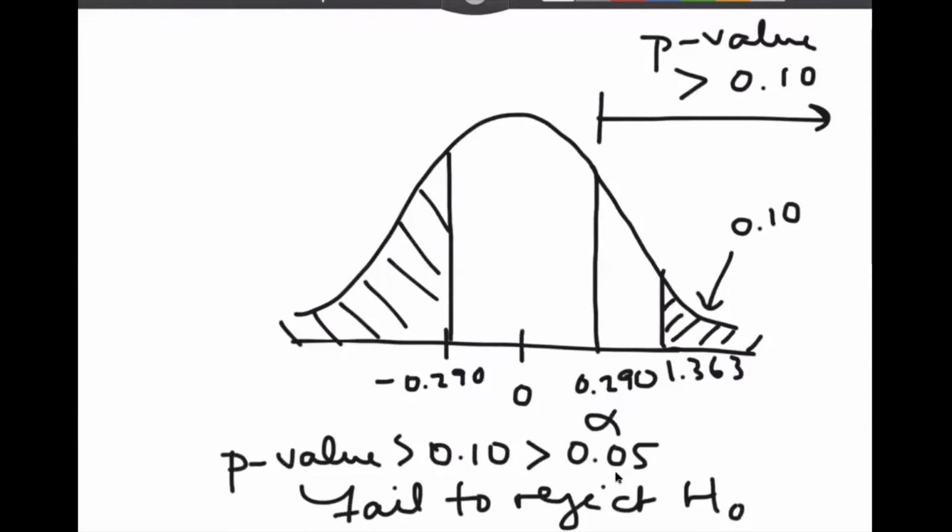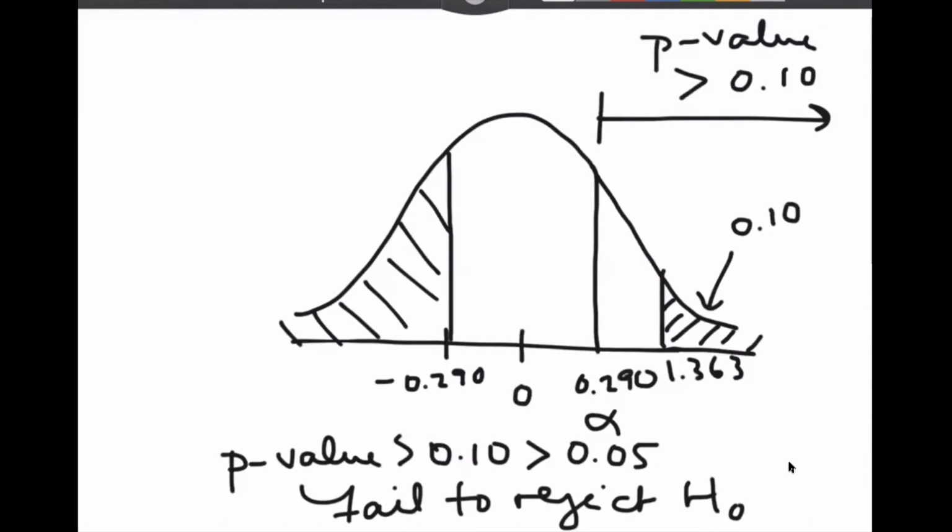The disadvantage is that it doesn't give me an exact p-value, but it gives me a range that's good enough for what I'm trying to do. All I want to know is, is it bigger than or less than 0.05?